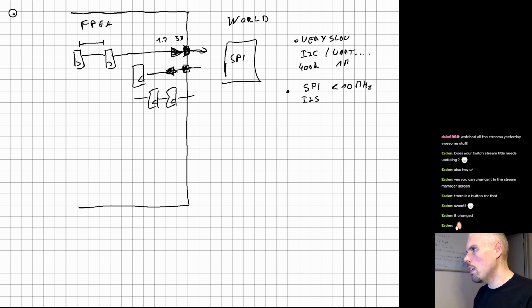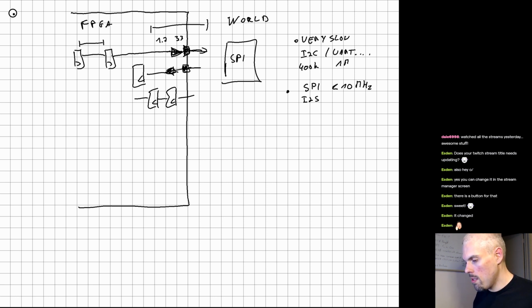I mean, that kind of relatively slow interface where the delays you have between the inside and the outside of the FPGA are a lot smaller than your clock period. The kind of delays we're going to be talking about here are in the 10, 15 nanoseconds, possibly, which means if you have a 10 megahertz clock, you have a 100 nanosecond clock period, which means the 15 nanosecond delay between the inside and the outside of the FPGA doesn't matter too much. You don't have to worry too much about it.